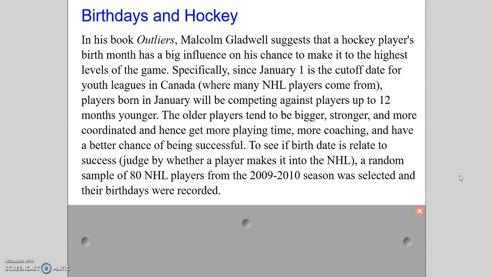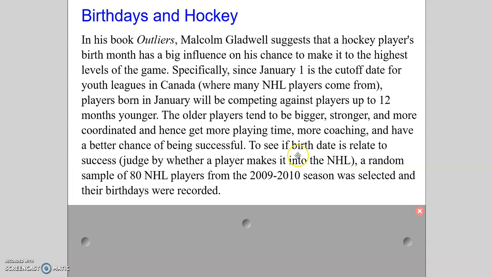Specifically, since January 1st is the cutoff date for youth leagues in Canada, and many NHL players come from Canada, players born in January will be competing against players that are up to 12 months younger than them. So that means the older players, at that young age, tend to be bigger and stronger and more coordinated. And because of those advantages, they get more playing time, more coaching attention, and then have a better chance of being successful. So this was his theory.